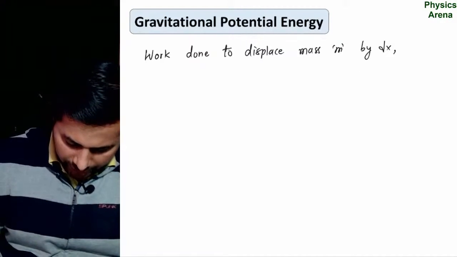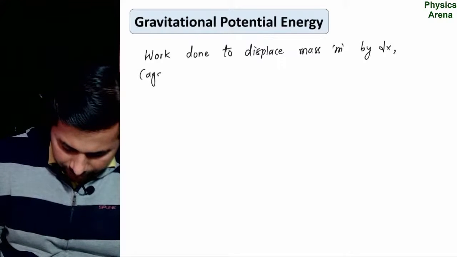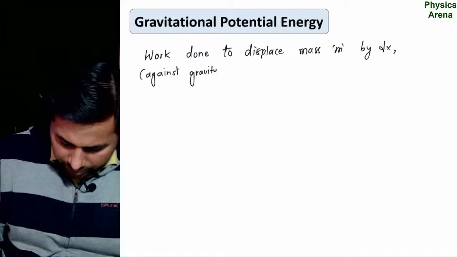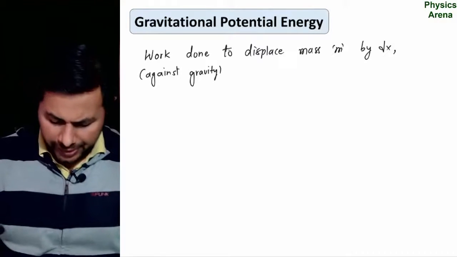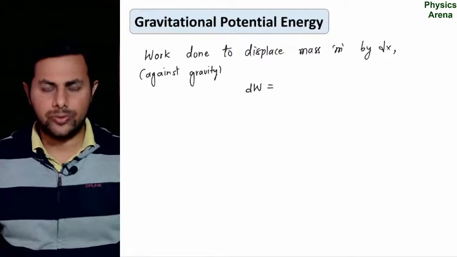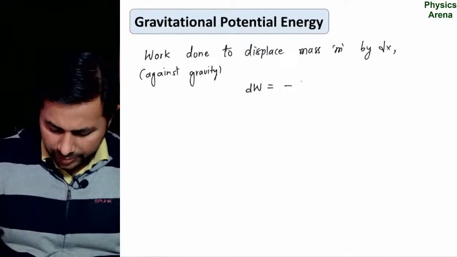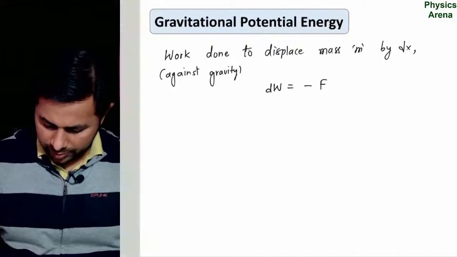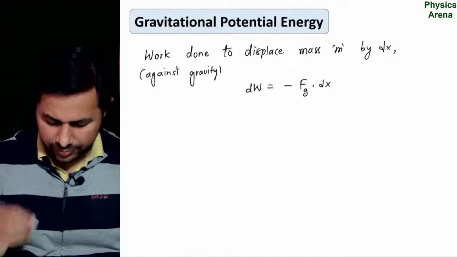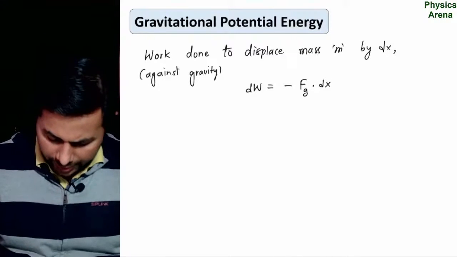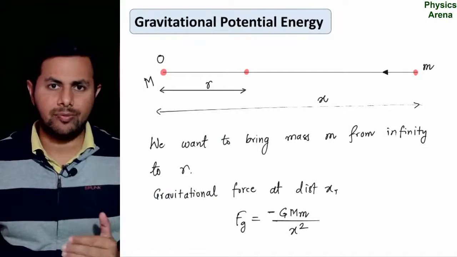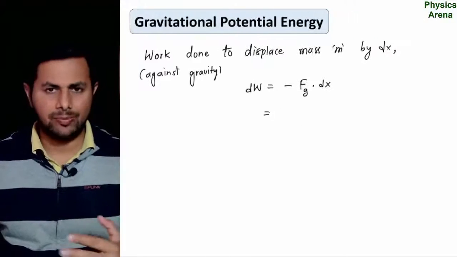So the work done against gravity, dW, is equal to minus of the gravitational force, F suffix g, times dx. If we substitute the gravitational force, it is minus GMm over x squared, so minus and minus.